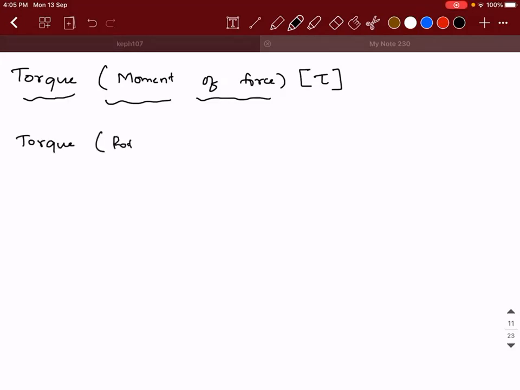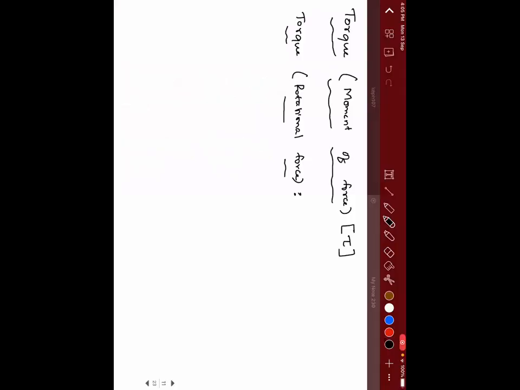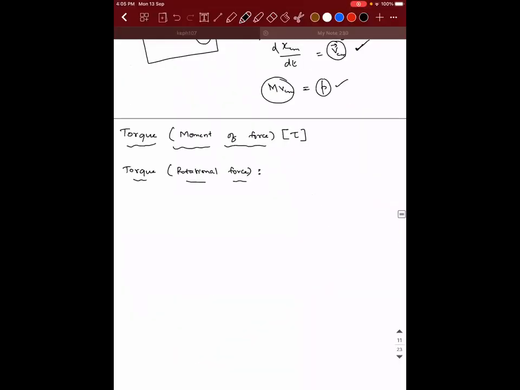Torque can also be called rotational force. So it is defined something like this.